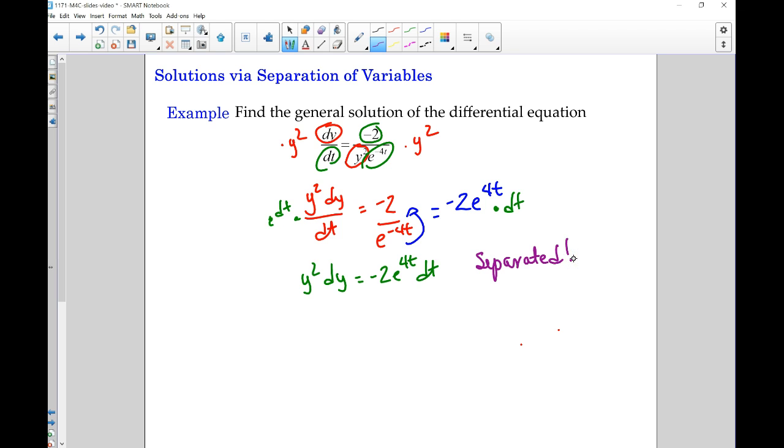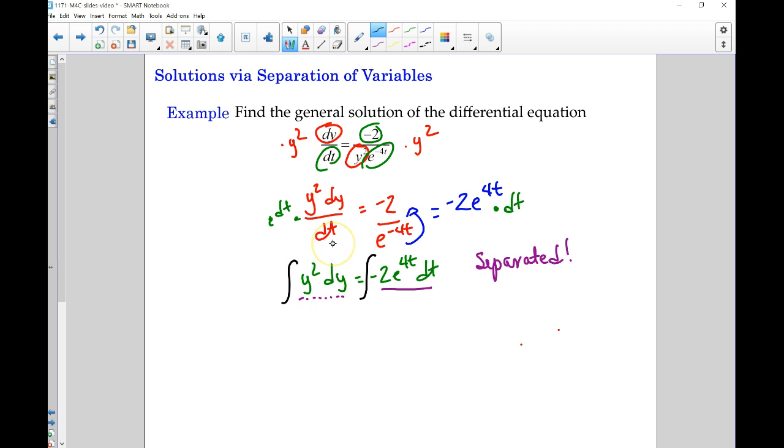All it took to separate this was algebra. Notice that all the t's are on one side and all the y's are on the other. Now I can apply an integral to both sides, and then I treat each side as its own thing.